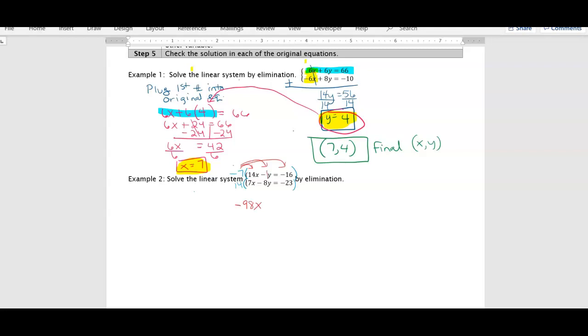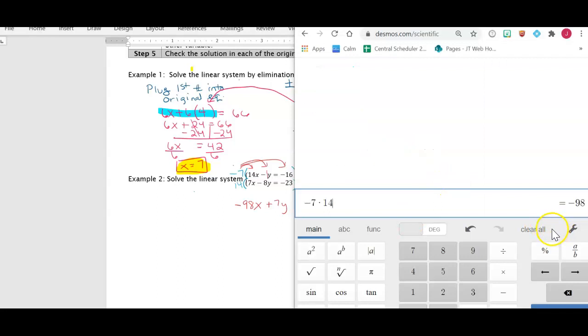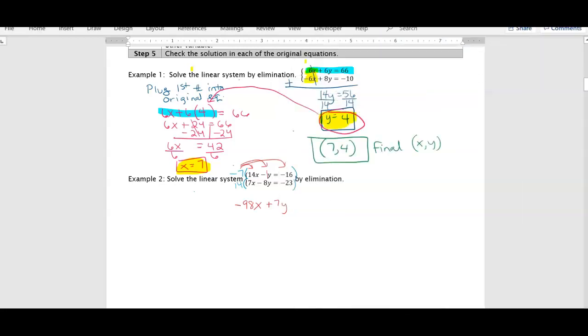So -7 times -1 would be plus 7y. And then I have -7 times -16. So I'll use the calculator to figure out the answer for that one. So I'm doing -7 times -16, and it gives me 112.